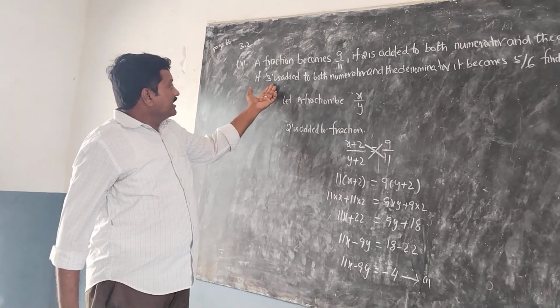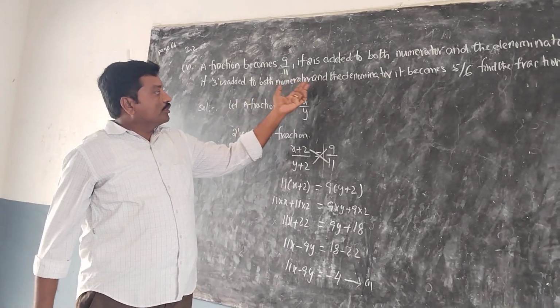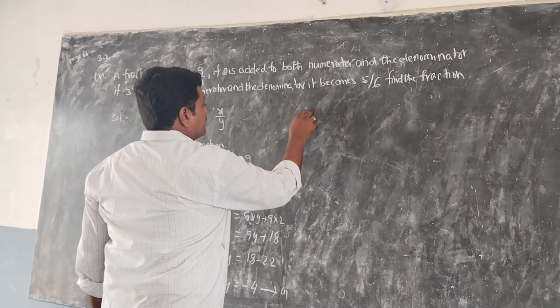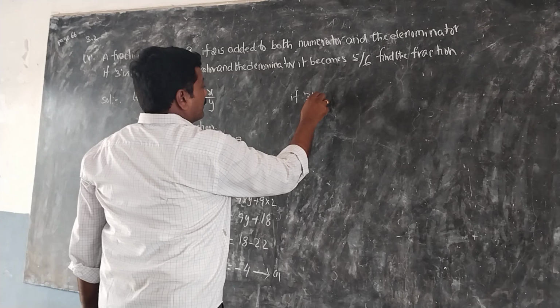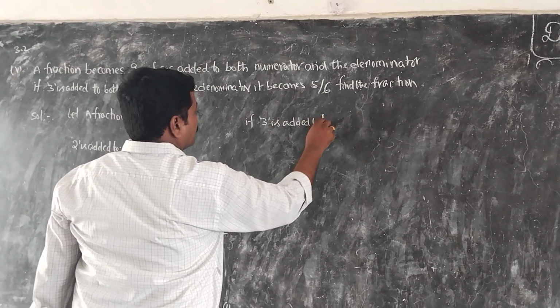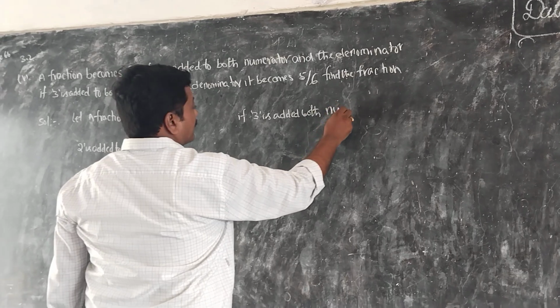And if 3 is added to both numerator and denominator, it becomes 5 by 6.